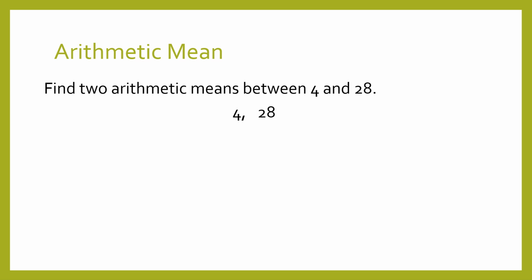Think of it first. If you said 2 terms that you have to insert, then you guessed it right. So you have to insert 2 arithmetic means, or 2 terms, in between 4 and 28. Now, let us have first the given.